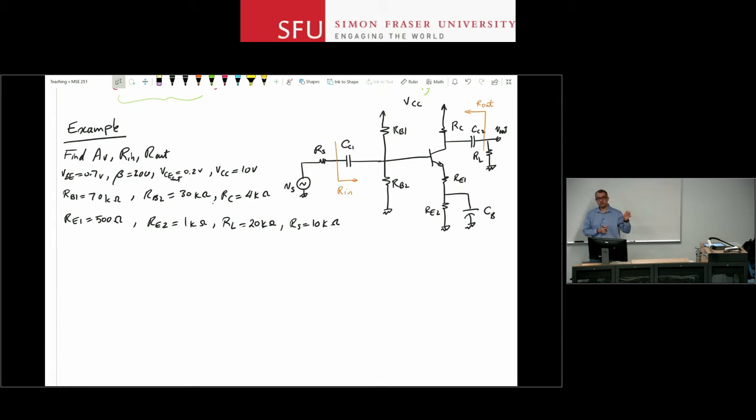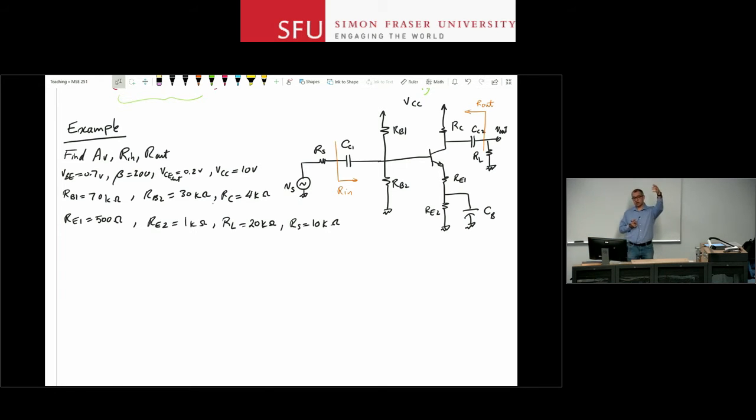What I can do is that I can keep both of them for DC, but for AC, I put a portion of that resistor that I don't want to be there in parallel with the capacitor. And then by having a capacitor there at high frequencies, the capacitor will be a short circuit. It will basically take RE2 out of your AC circuit, and effectively you're dealing with two resistors for DC and AC analysis.